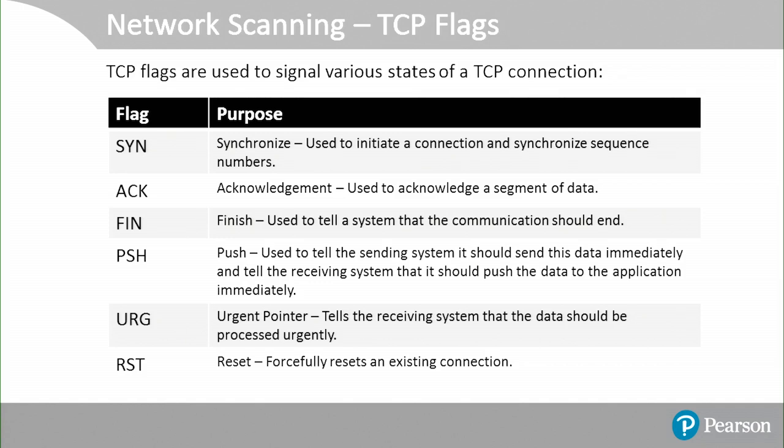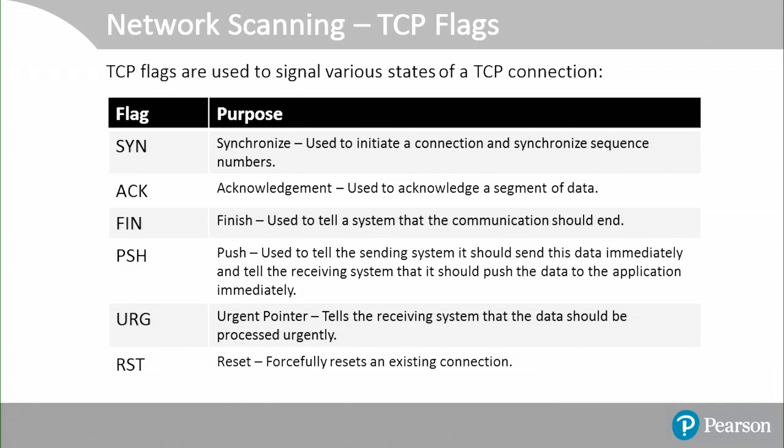Sync, synchronize. This tells the other system that we want to synchronize sequence numbers with them. Acknowledgements are used all over the place. As a segment comes in, that receiving host will send an acknowledgement that it received it. And you can have bidirectional data transfer doing this just by validating the sequence numbers as they're exchanged. We have fin. Fin is for finish.